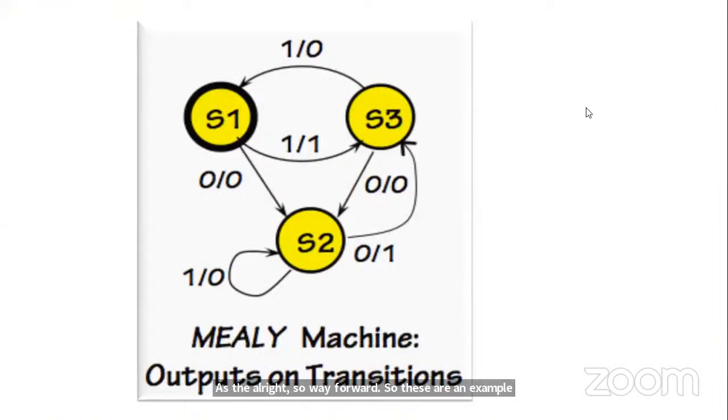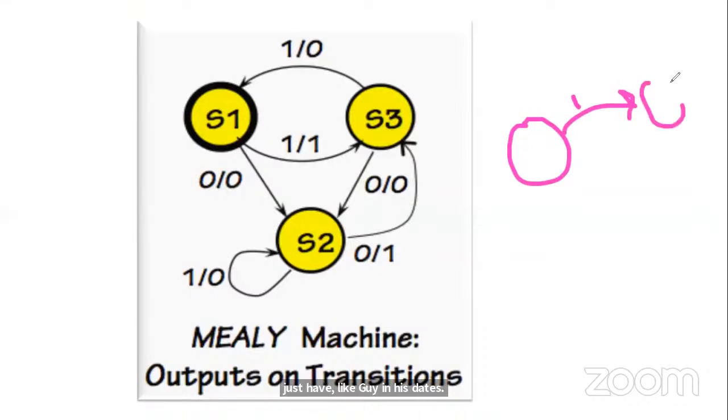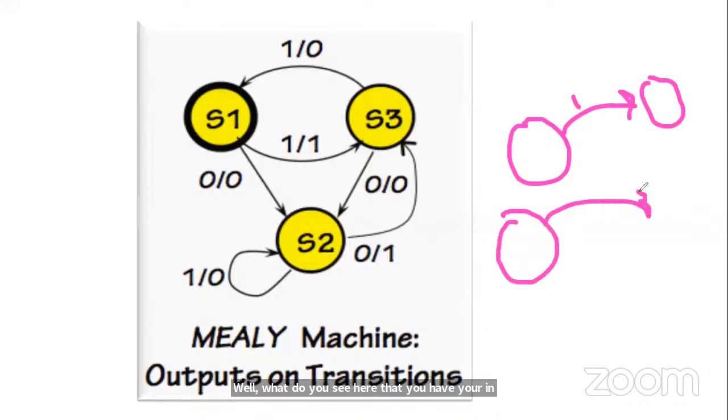In the formal notation we had before, you are in a state, you receive one input, and you move to another state. But what you see here is that you are in a state, you receive an input, let's say 1, then you output something, maybe 1 or 0, and you move to another state. So that's the working of a Mealy machine.